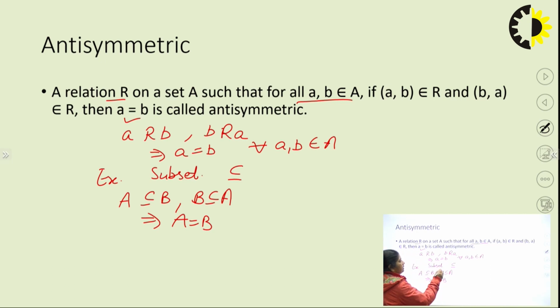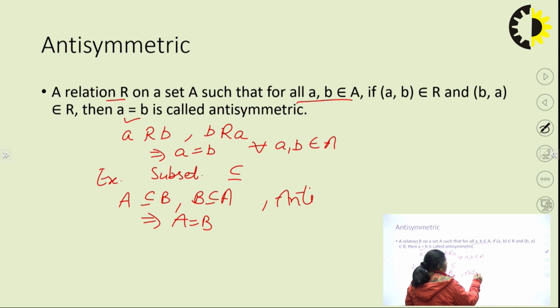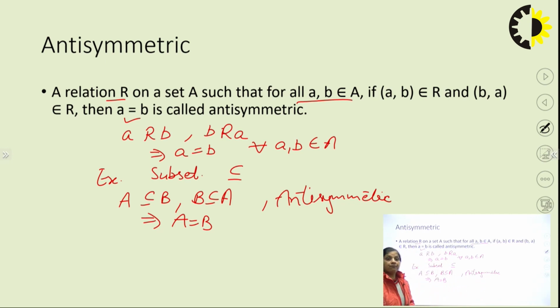So what does it mean? It means this relation is antisymmetric. This is an antisymmetric relation. In the same way, let us understand with another example.